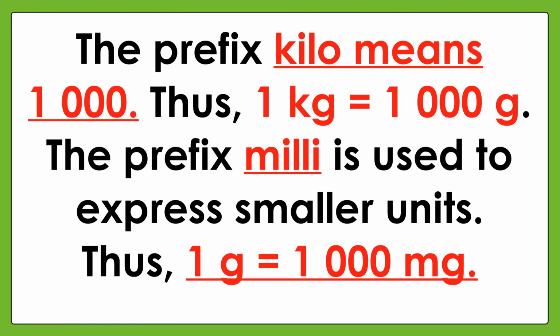The prefix kilo means 1,000. Thus, 1 kilogram is equal to 1,000 grams. The prefix milli is used to express smaller units. Thus, 1 gram is equal to 1,000 milligrams.